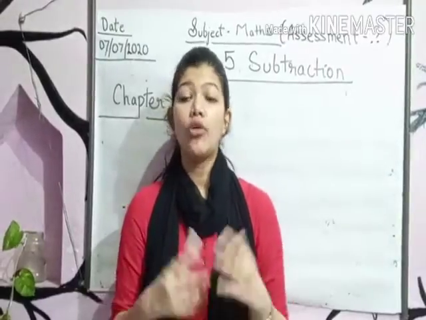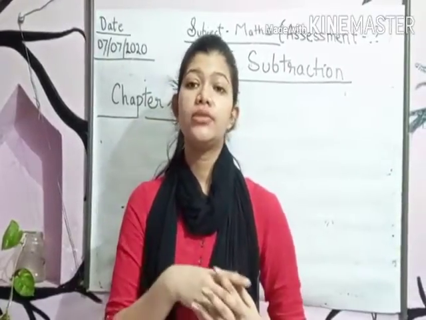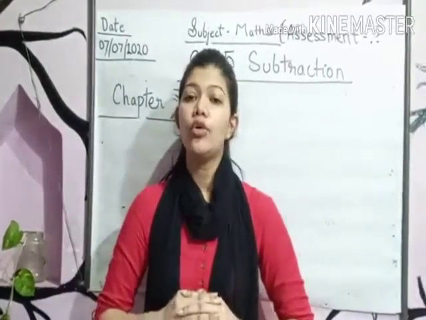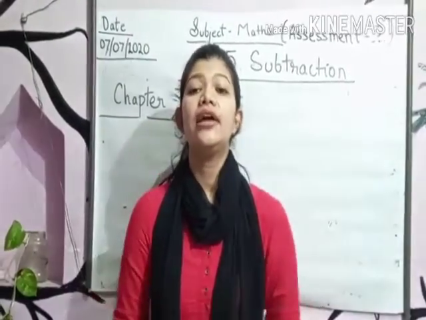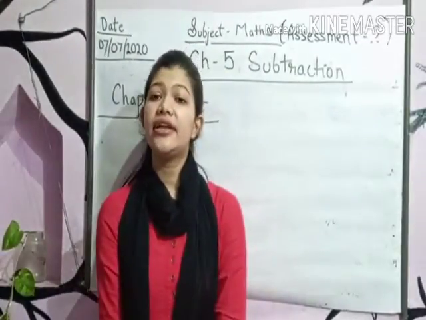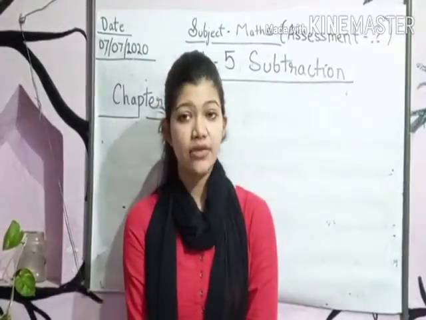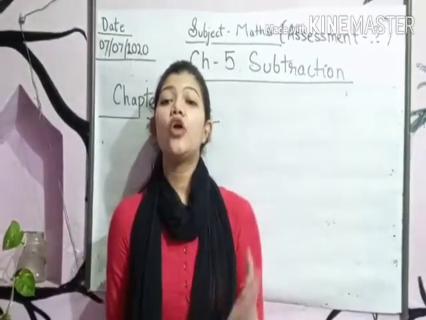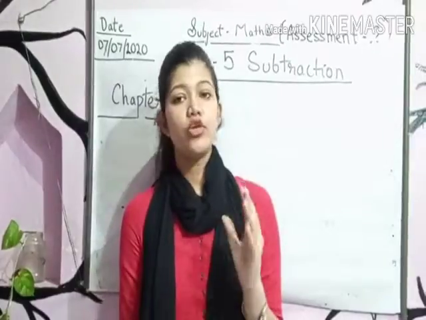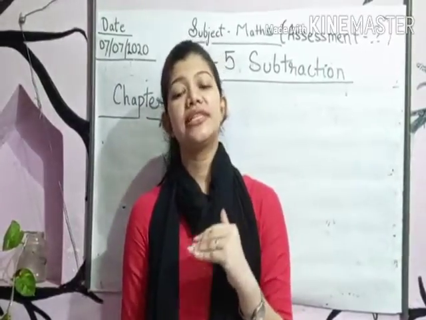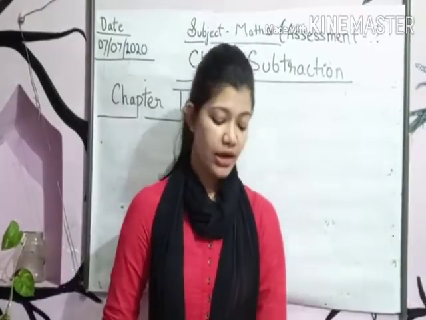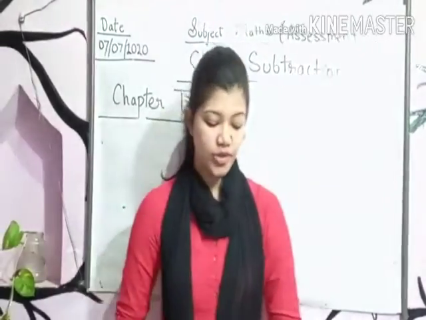So how many kilometers are there from Chail to Delhi? 351. Next, we know how much distance Sushma has covered: 232 kilometers. Now we have to find out how many kilometers are left to be covered. So we will subtract these two distances and find the answer. Okay? Clear? Now let's come to question number 3.